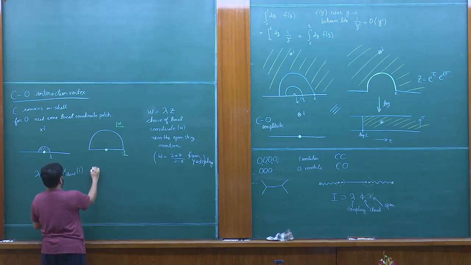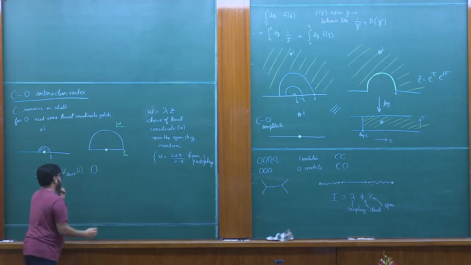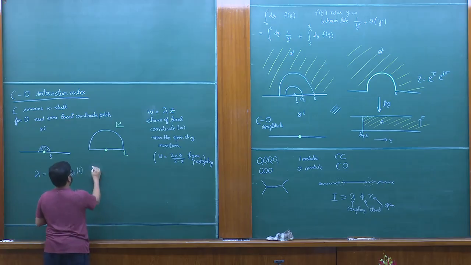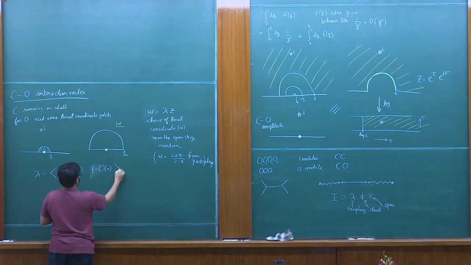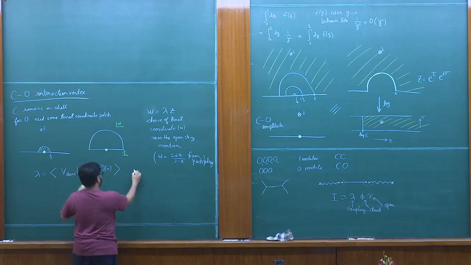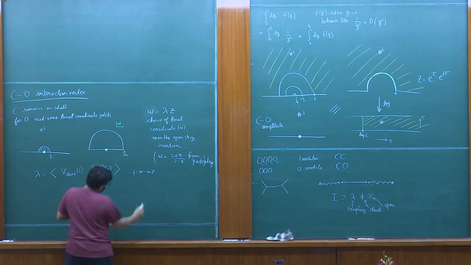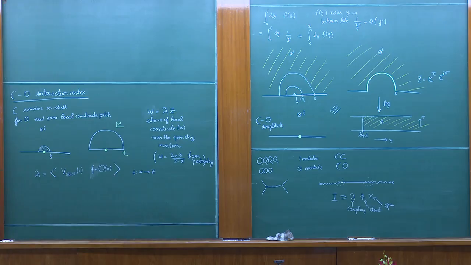Let's call that O, but conformally transformed with this F. So F circle O at 0, where F is the thing that maps W to Z. So F of W is W over lambda.